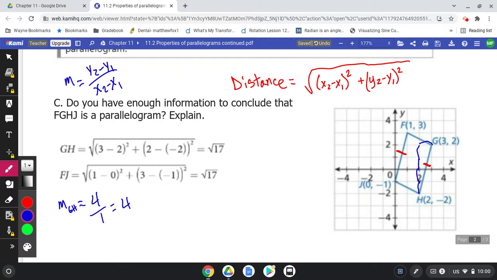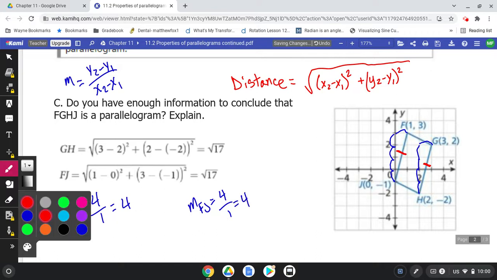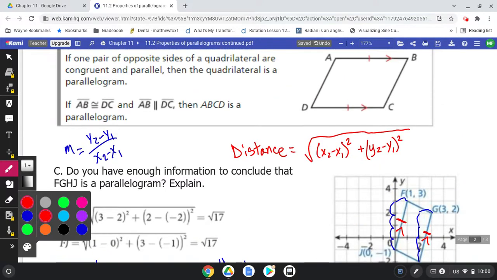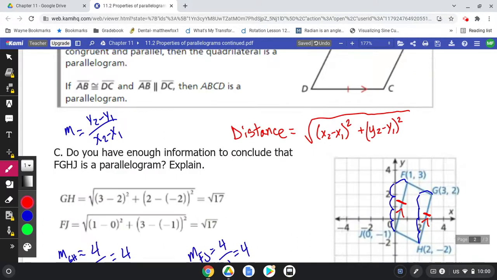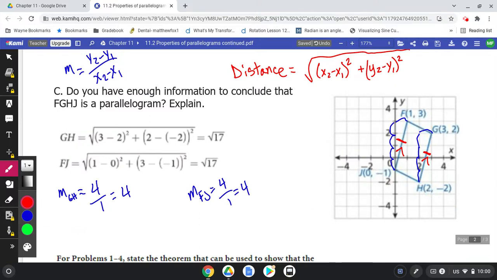Meanwhile, the slope of FJ, once again, up 1, 2, 3, 4 over 1. So if the slope of FJ is also 4 over 1, if they have the same slope, then I can put the little mark on there. They are parallel, okay? And if they are both parallel and congruent, then that tells us the opposite sides criteria holds true, and we know that our shape FGHJ is a parallelogram.